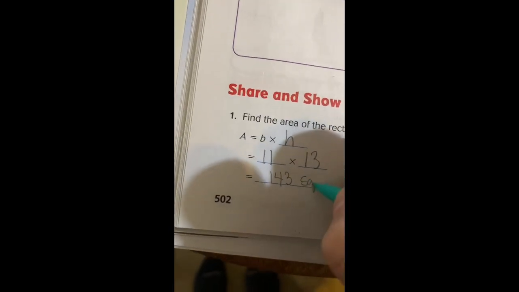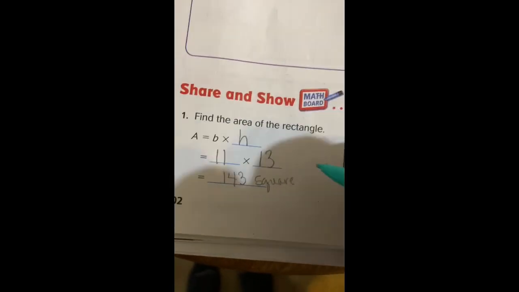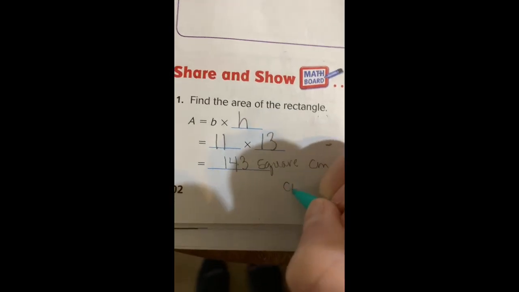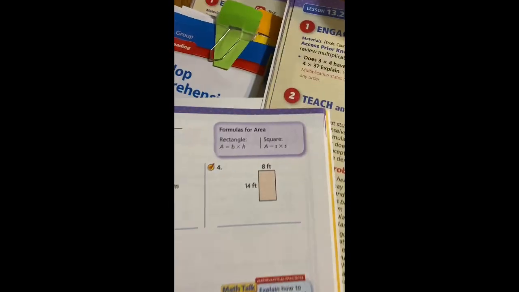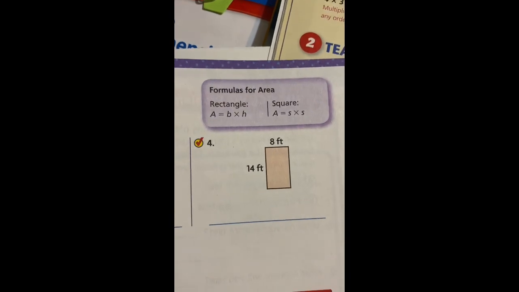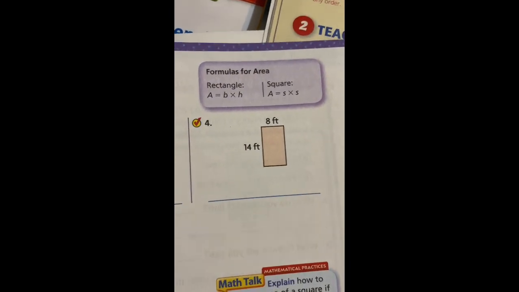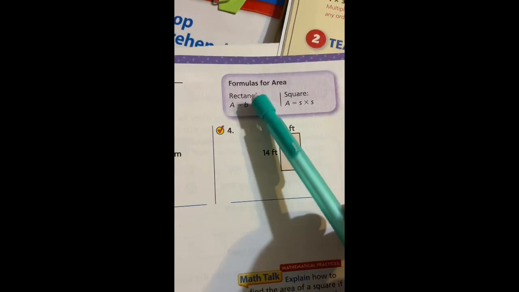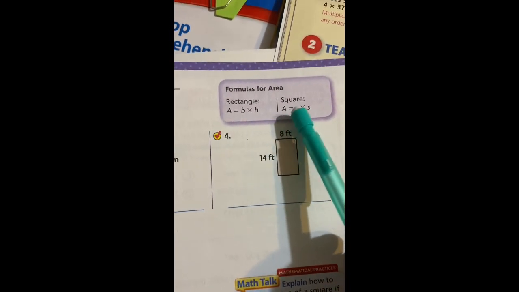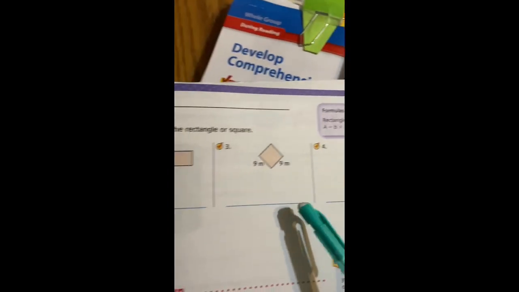So 143 square centimeters, or you can write it with centimeters, little 2. Okay. And then this is nice because they gave you a little box to show you the 2 formulas: A equals B times H and A equals S times S.